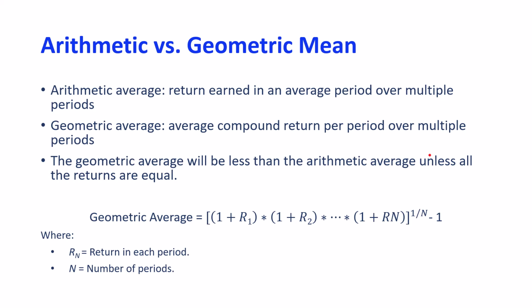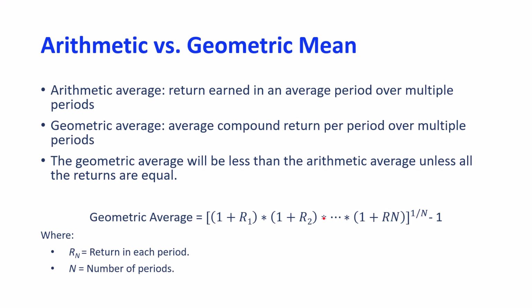So how can we calculate this geometric average, which is the average compounded rate of return earned per year over multiple periods? We just add each return to 1. So 1 plus the return in year 1, 1 plus the return in period 2, and 1 plus the rate of return in period n.